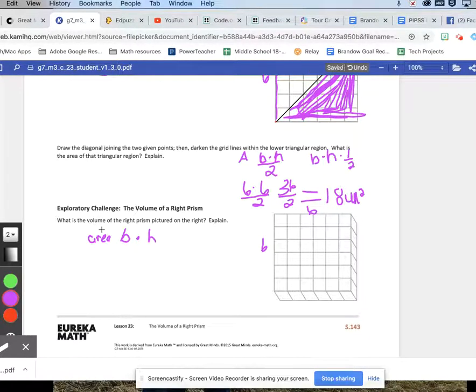And so I know the area of the base is 36. And then my height is from here to here, which I can see that's only 1 cube, so it's 1 unit thick. So I have to times that by 1, which just gives me 36 units squared. Volume is the area of the base times the height. Okay.